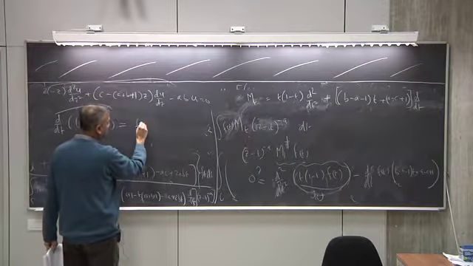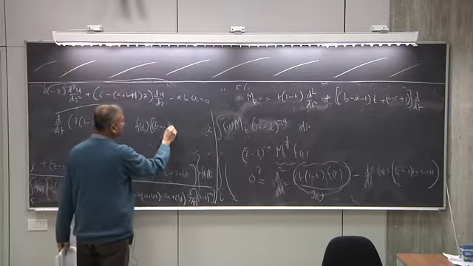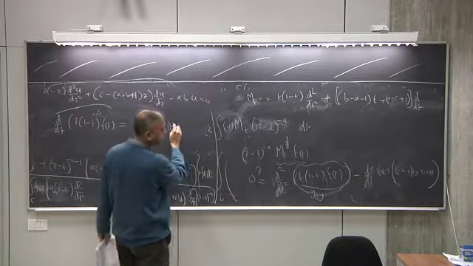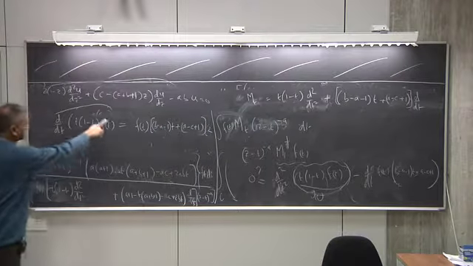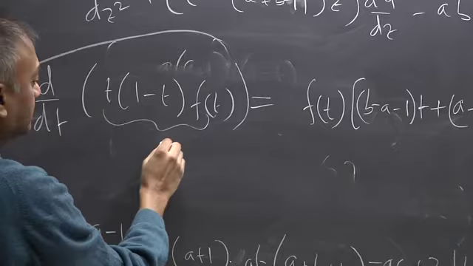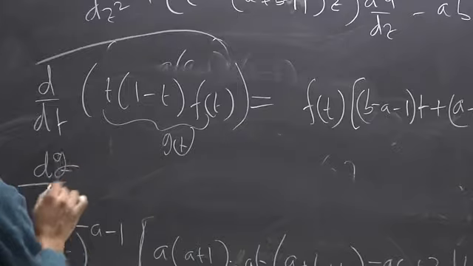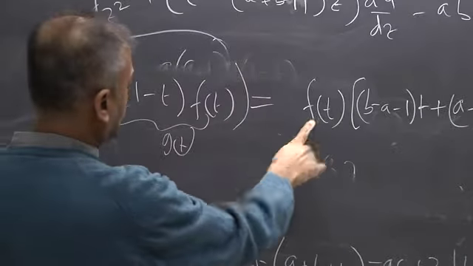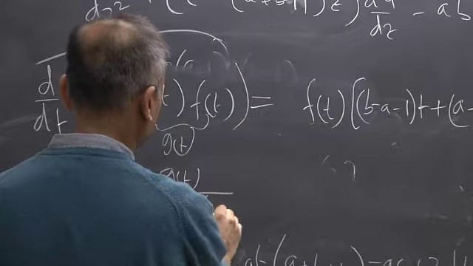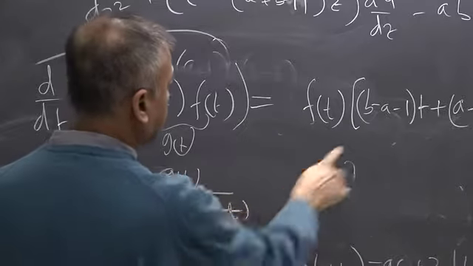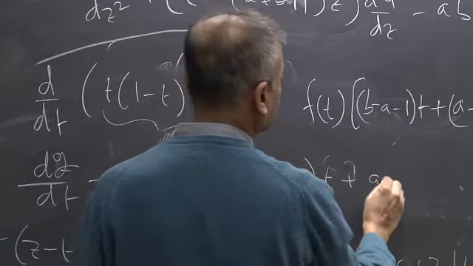So that's f of t times all that, b minus a minus 1 t plus a minus c plus 1. So that's the first step. But now I need to integrate this. So call this whole thing G of t. So the equation we have is dG by dt is equal to G of t divided by t times 1 minus t, and then I have this factor, which is b minus a minus 1 t plus a minus c plus 1.